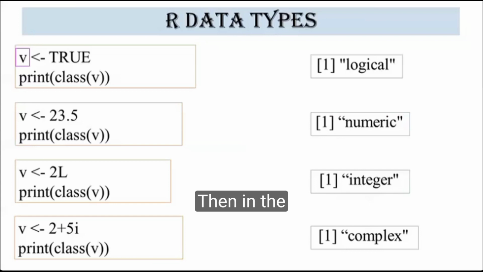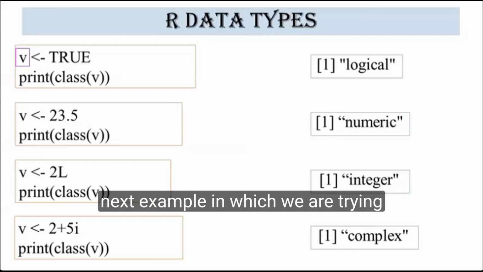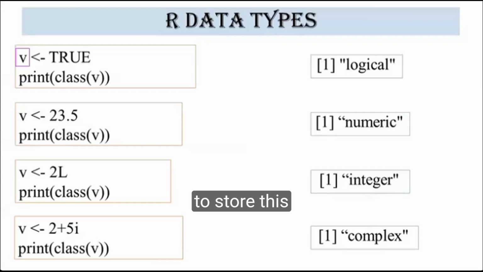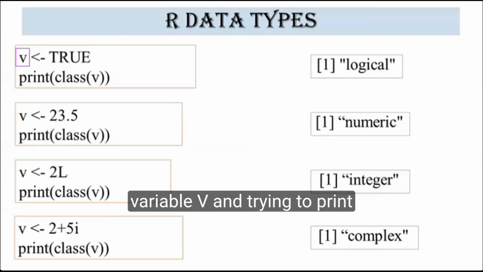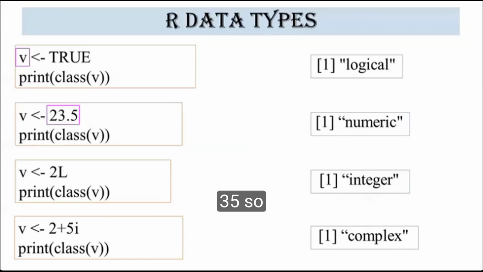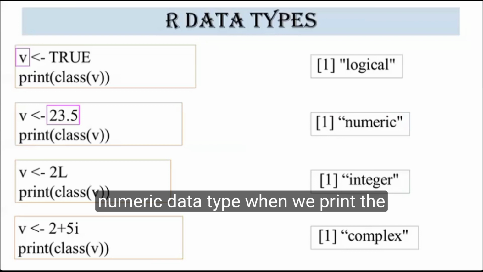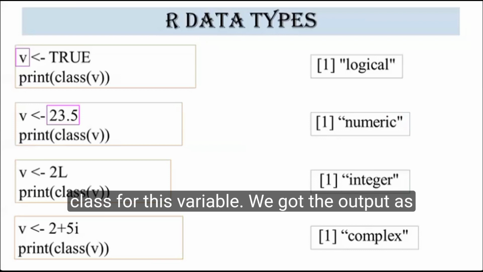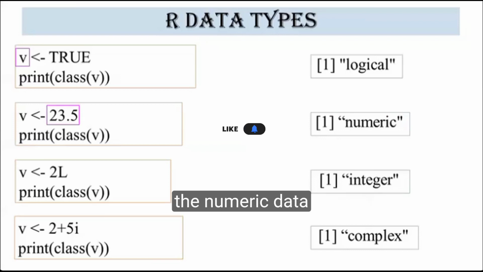Then in the next example, we are storing 23.5 in variable v and printing the class of this variable v. As this is the numeric data type, when we print the class for this variable, we get the output as numeric.